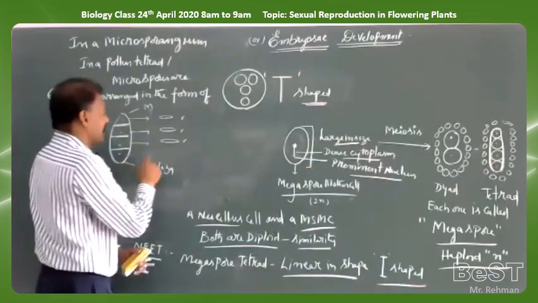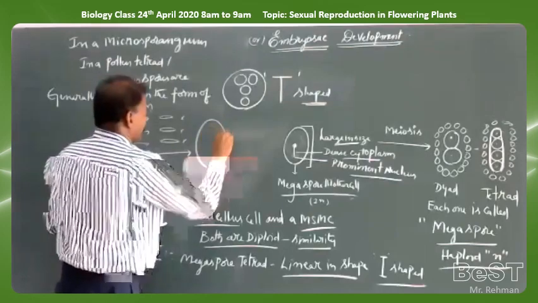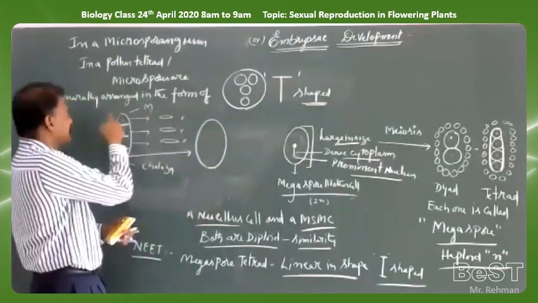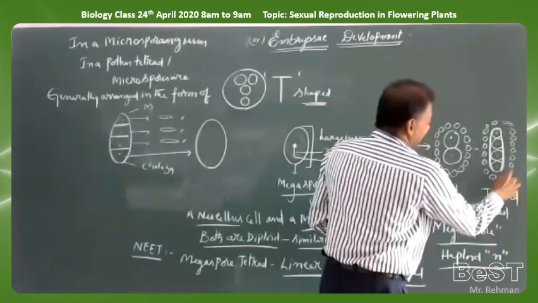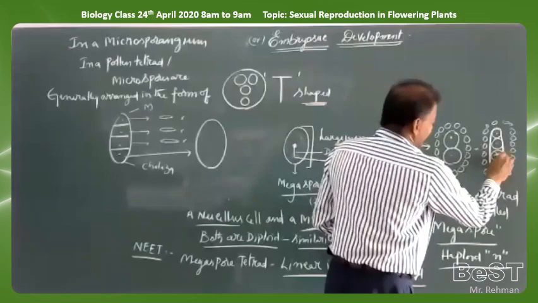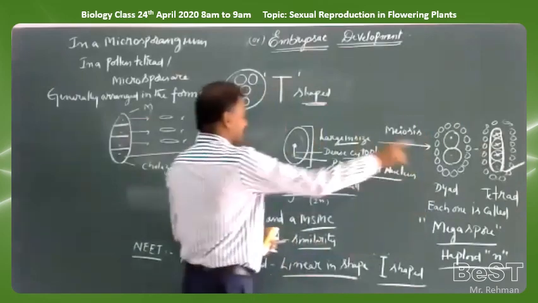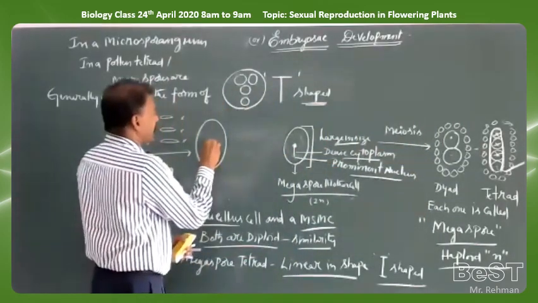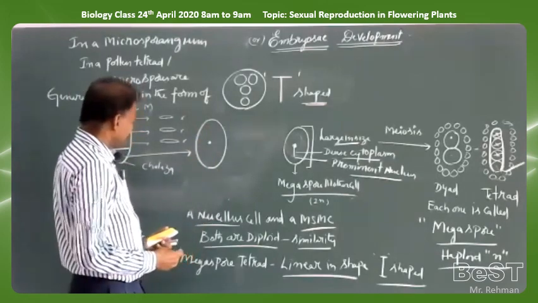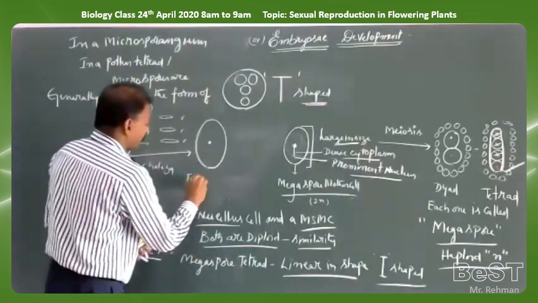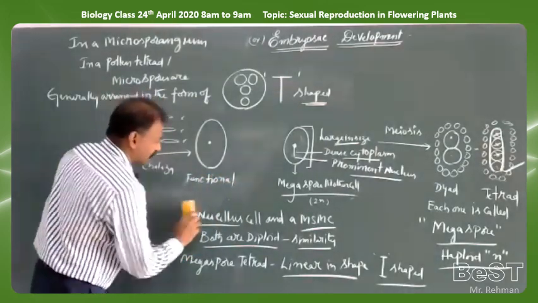This develops into a structure by taking food material from the nucellus tissues. That functional megaspore is haploid with cytoplasm and nucleus. This is called the functional megaspore.